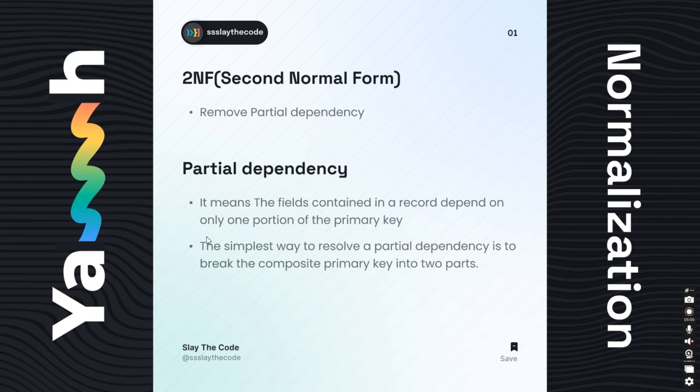We can remove these fields from our main table and create a separate table to solve the partial dependency problem of normalization. Let's understand it with the example.